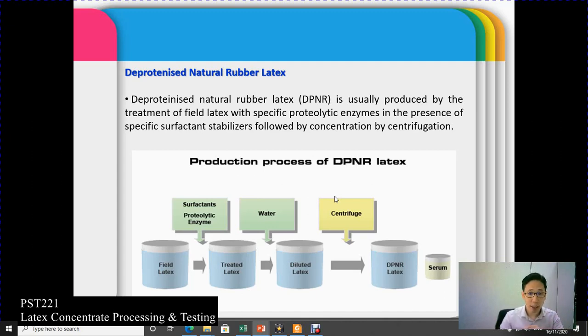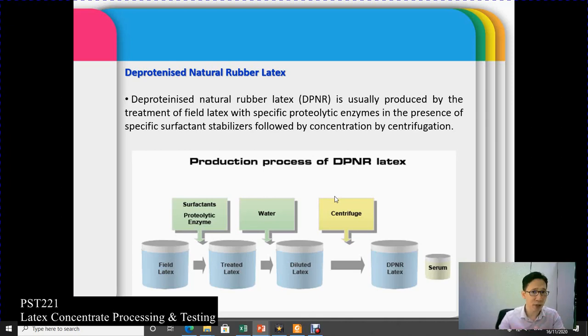So usually this protein will cover the dry rubber particles. So the process of deproteinized natural rubber latex is the process of eliminating or removing a significant amount of protein.